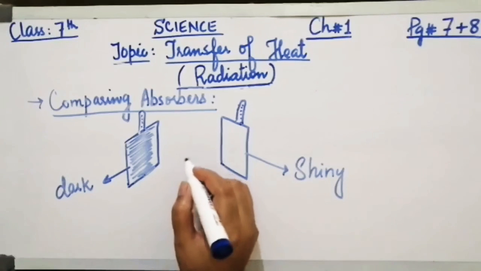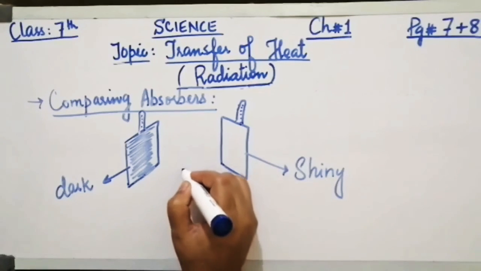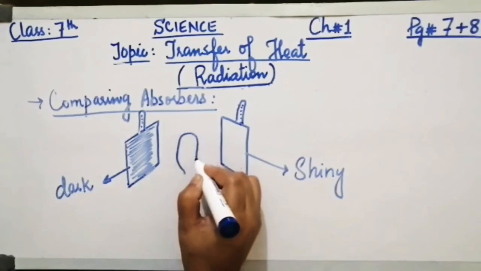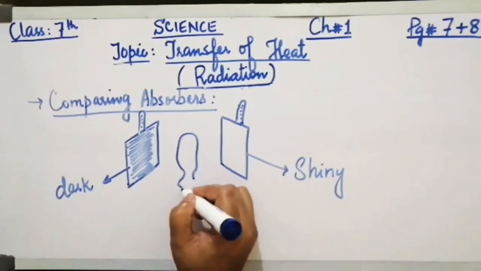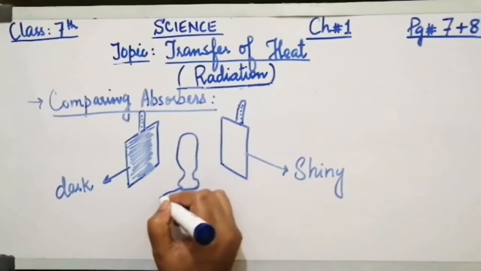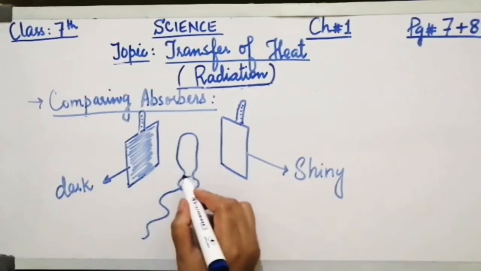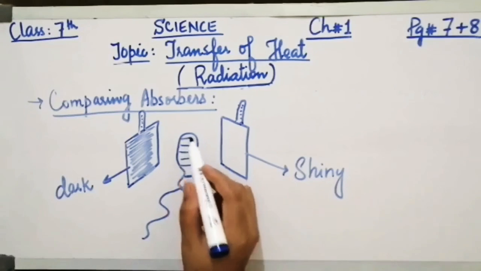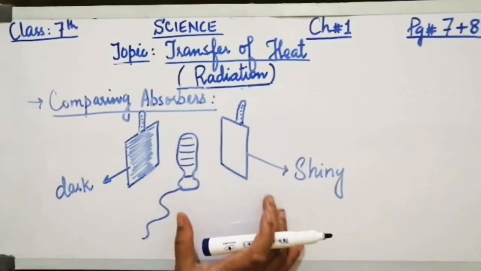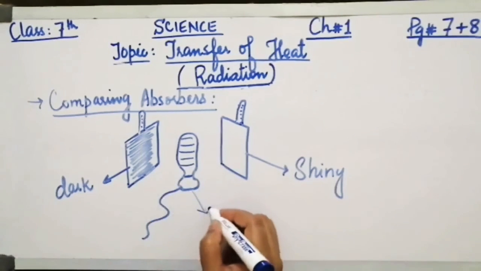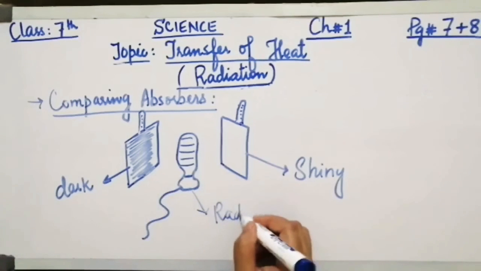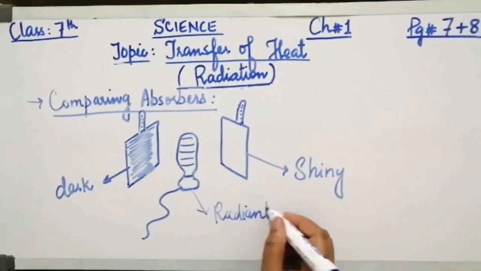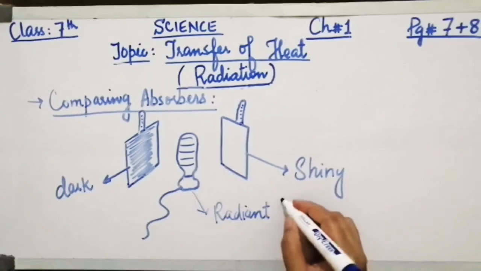So what is the placement? What is present between both plates? It is a radiant heater, which is responsible for providing heat to both plates. It is present at an equal distance from both plates. It is the source of heat for both plates.